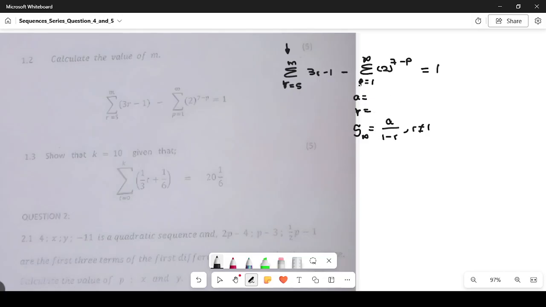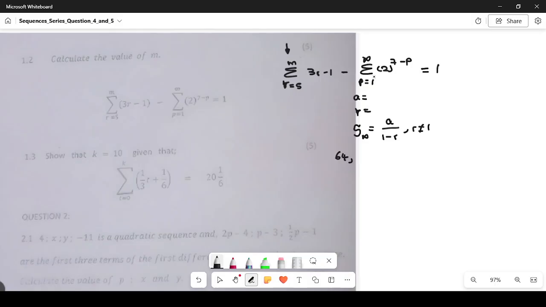To do that, we'll write the first three terms of this nth term, and we'll substitute p equal to 1, 2, and 3. When p is 1, we have 7 minus 1, which is 6, so 2 to the power 6 gives 64.